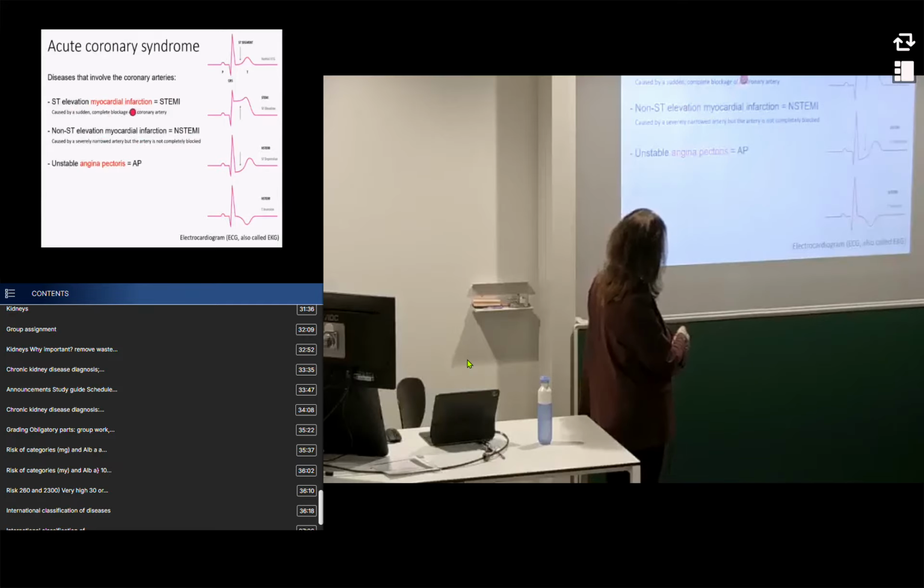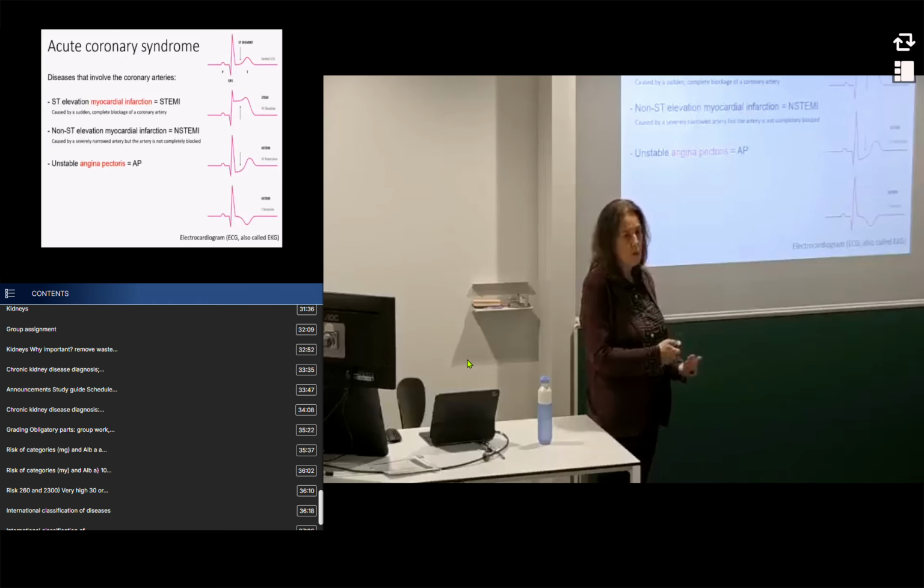In the STEMI infarction, there's a complete blockage of a coronary artery, and in the non-STEMI there is a narrowed artery, but it's not fully blocked. And you can see that on the ECG. When you take an ECG from the heart, you can see a different pattern between the STEMI and the non-STEMI. So doctors use that also for diagnosis and prognosis and treatment and so on.